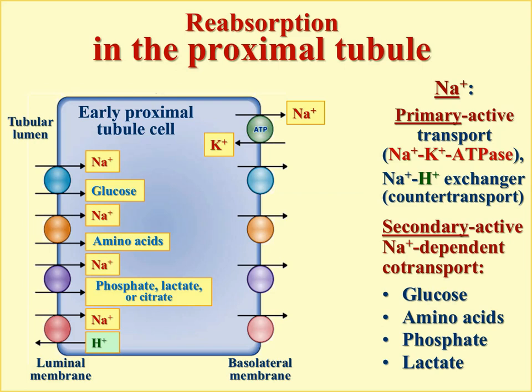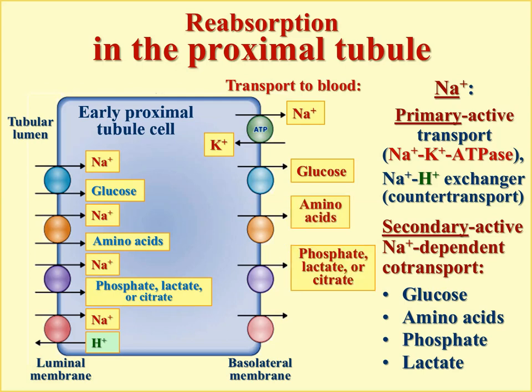Then the same substances, glucose, amino acids, and so on, are transported to blood by their own protein carriers: for glucose separately, for amino acids, for phosphate, lactate, or citrate. And HCO3- ions are also transported by protein carriers.